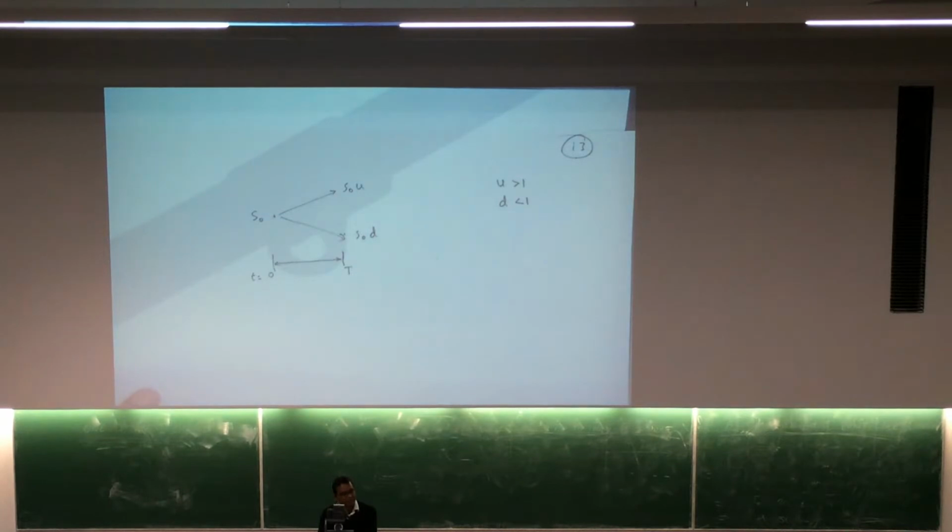For example, if U is 1.1, that means stock price is increased by 10%. If D is 0.9, that means the stock price is reduced by 10%. Easy.